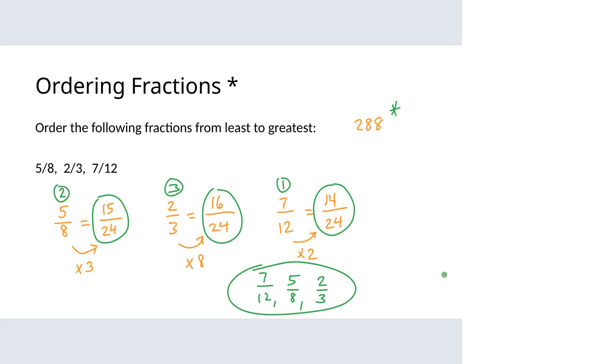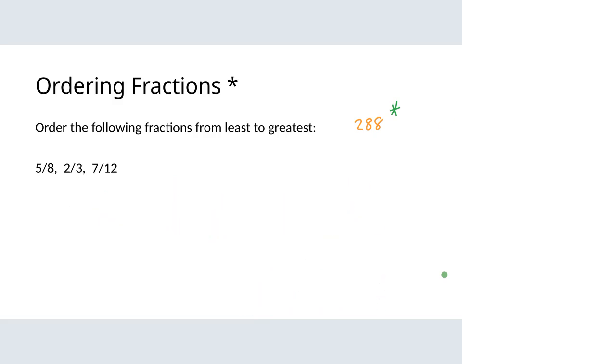I'm going to go ahead and erase this. And we'll do it with 288. So the first thing I need to do is rewrite 5/8 with 288 as the denominator. Last time I was able to do this in my head, but 8 times what is 288? I have no idea.